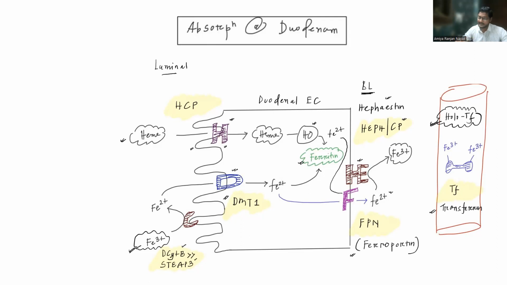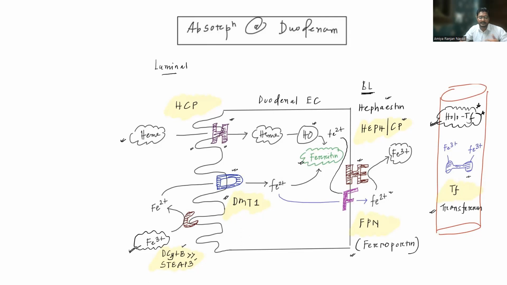Once this ferric form is generated, it binds to the transferrin molecule. Whenever two ferric molecules are bound to transferrin, that is known as holotransferrin, and now this iron can be transported in the circulation and provided to various cells. In the cells, we have transferrin receptors which identify this holotransferrin molecule, and it is taken up into the cell through receptor mediated endocytosis. We'll come to that.